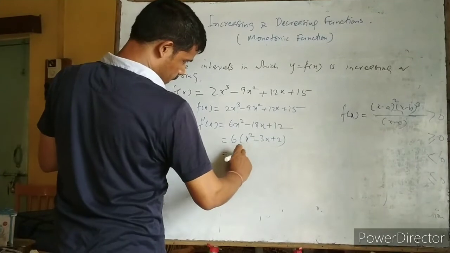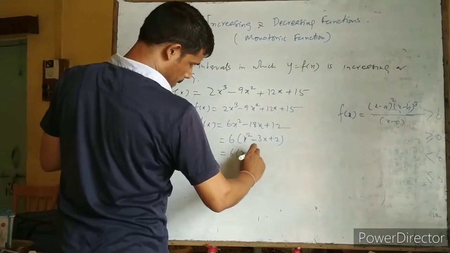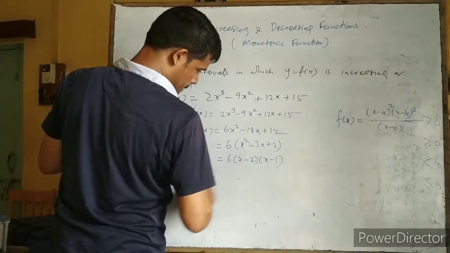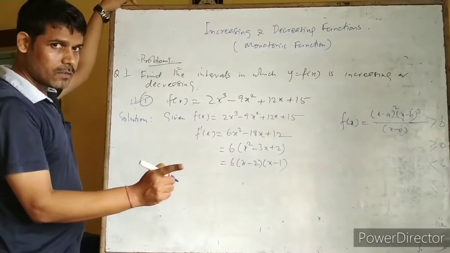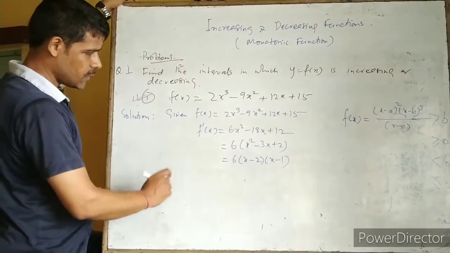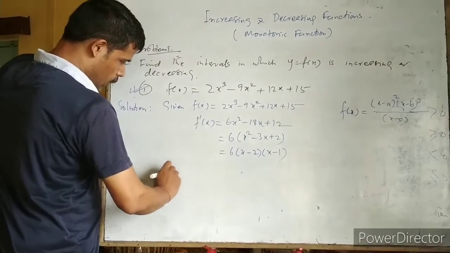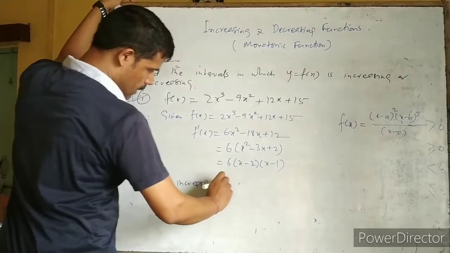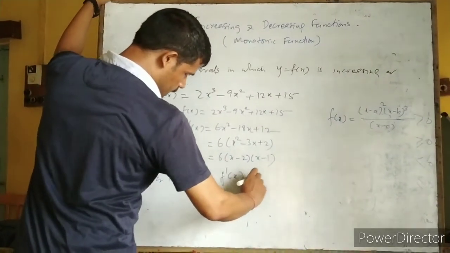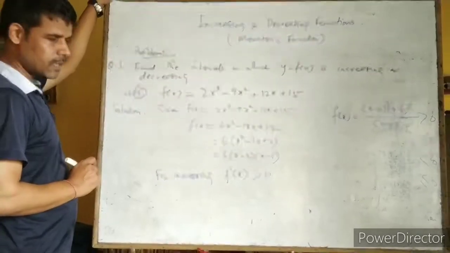We can first factorize it. Well, what is the definition? For increasing, f dash x must be greater than 0. f dash x must be greater than 0.